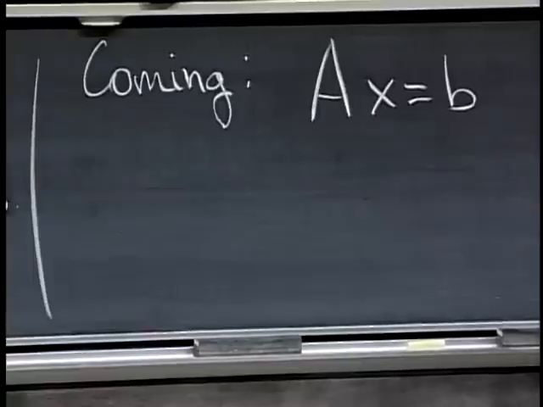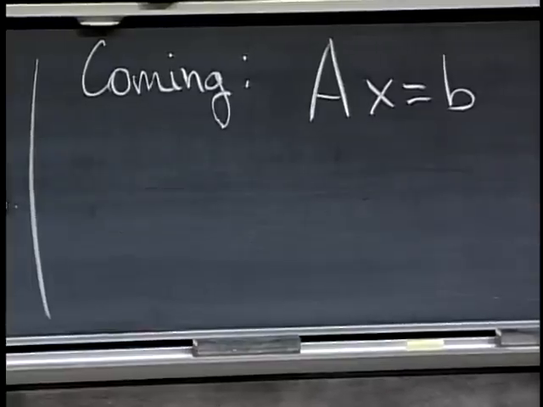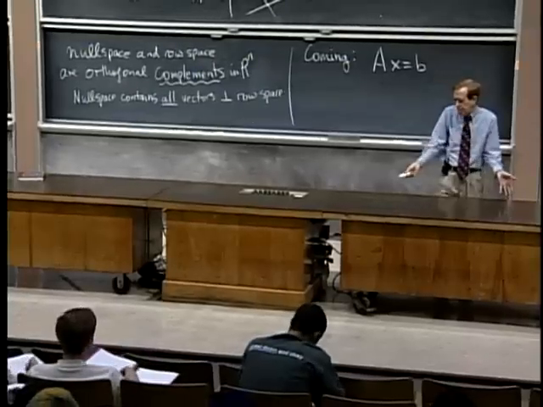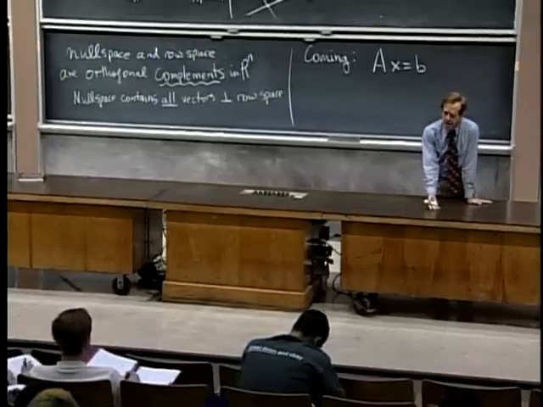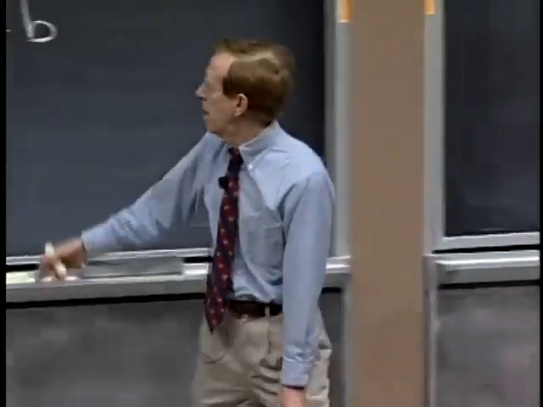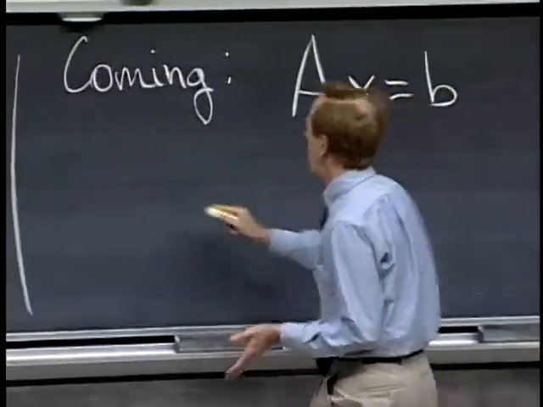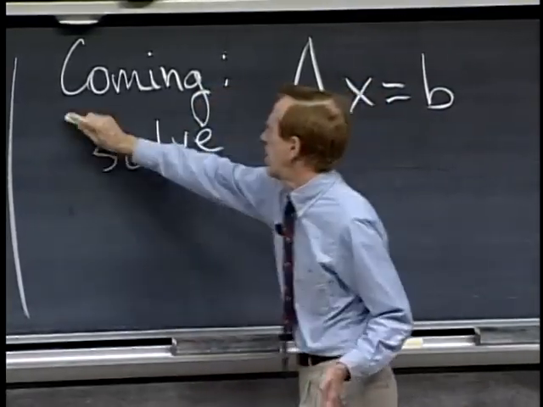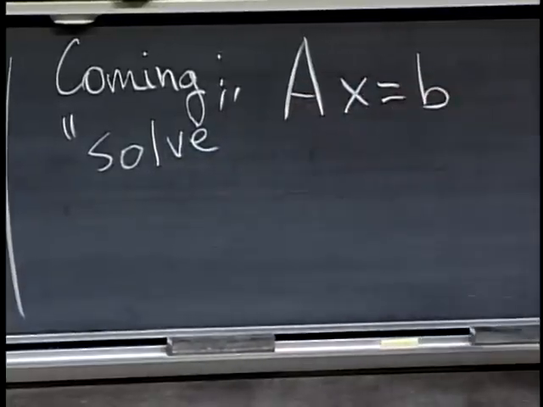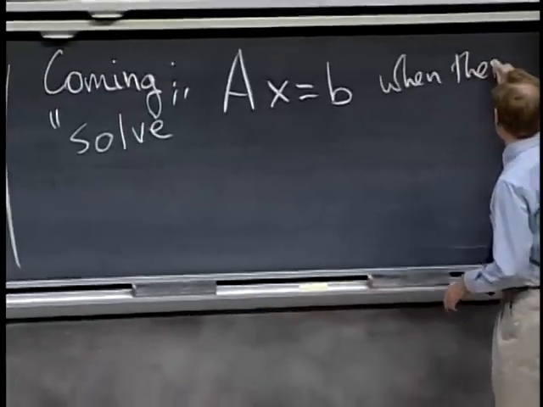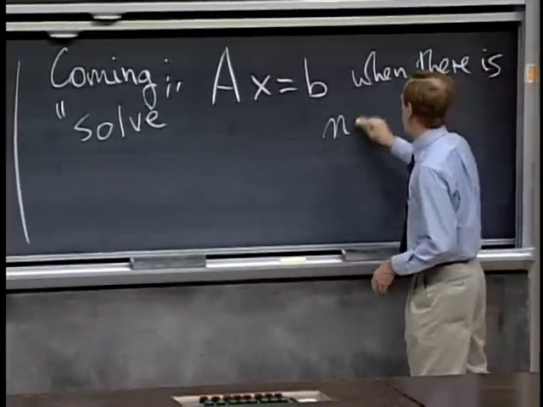I would like to solve that system of equations when there is no solution. You may say, what a ridiculous thing to do, but I have to say, it's done all the time. In fact, it has to be done. So the problem is, solve as best possible, solve, I'll put quotes, Ax equal b when there is no solution.